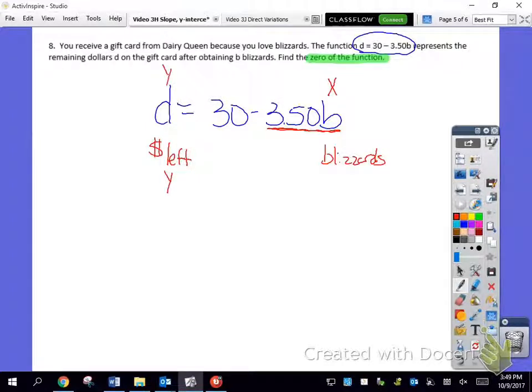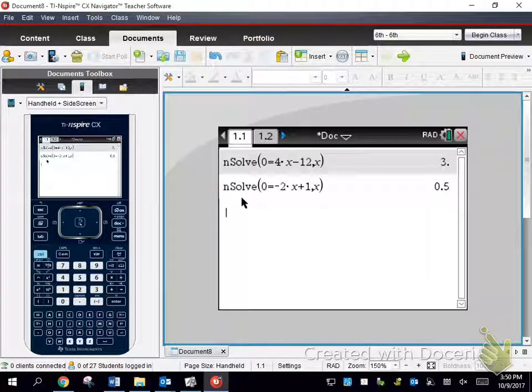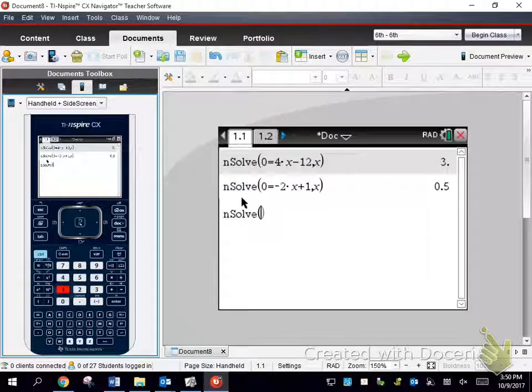So D is your y. Remember that if you're finding the 0 function, you're going to replace the y with a 0. So I'm going to say 0 equals 30 minus 3.5B, and I can use B for blizzards. That's fine. Now I'm going to go to my calculator page. So I'm going to hit Control, and I'm going to arrow back. And I'm going to go to InSolve, menu 3, 1.